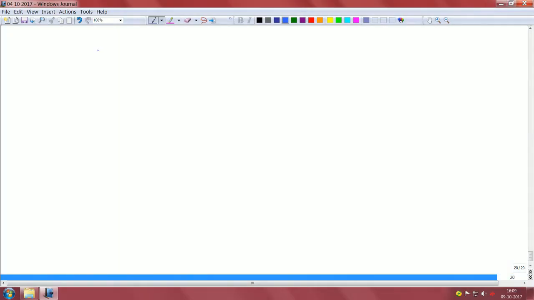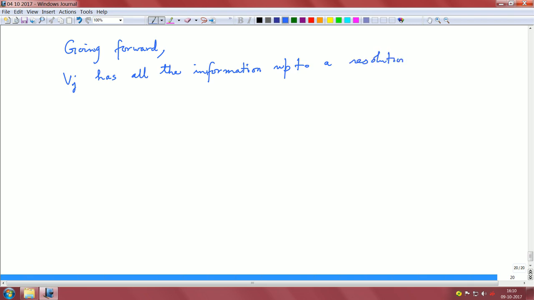Now if we go forward, Vj has all the information up to a resolution 2 power minus j, right, and as you increase j, your resolution is becoming finer.